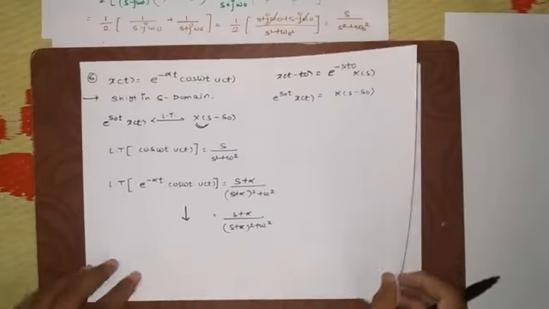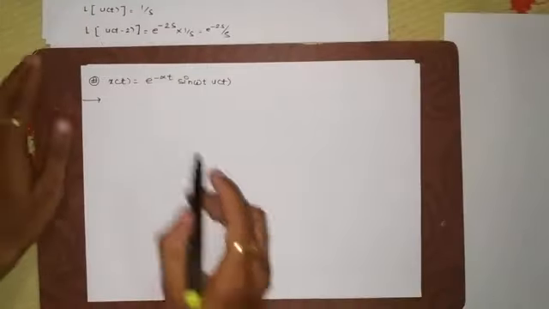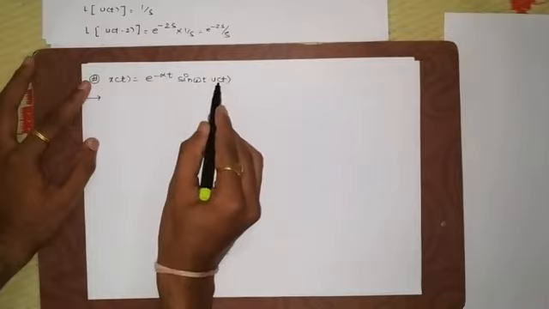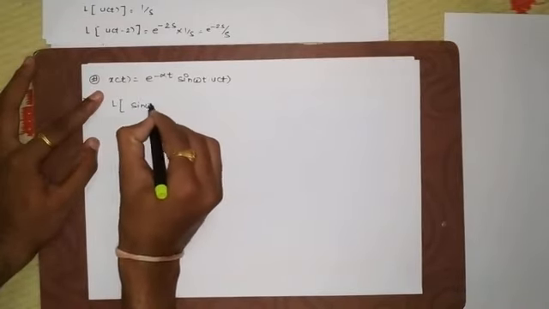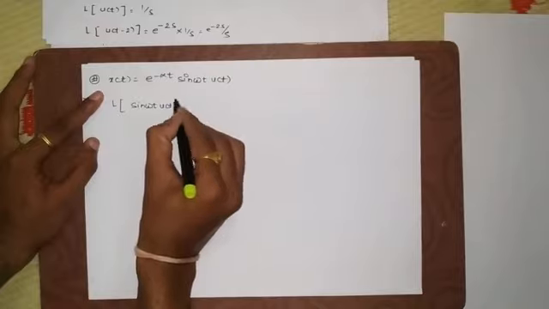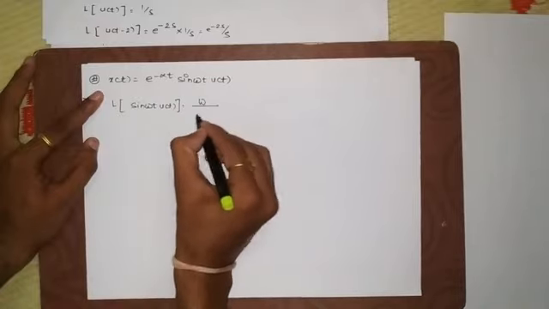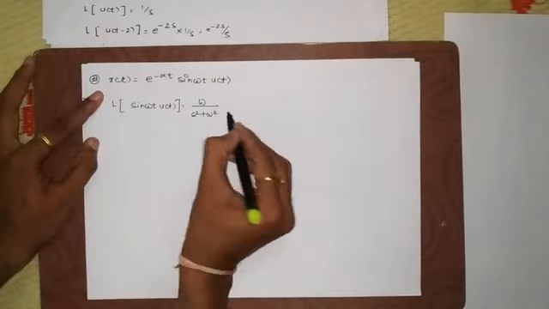Now let us see the next example, that is on sine: e raised to minus alpha t sine omega t into u of t. Same step: first find Laplace of sine omega t, which is omega by s square plus omega square.